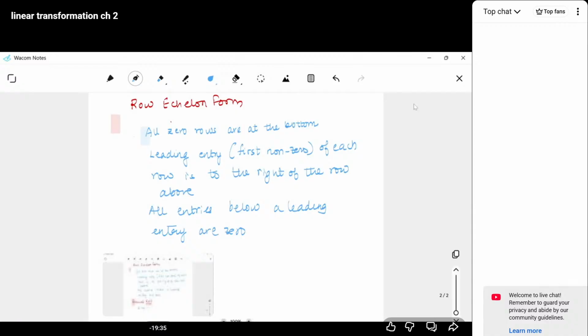Then you have a reduced row echelon form.